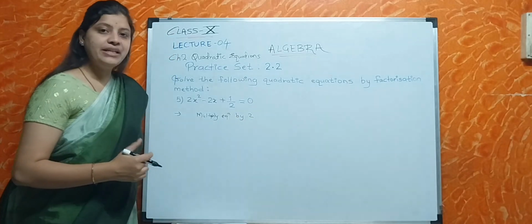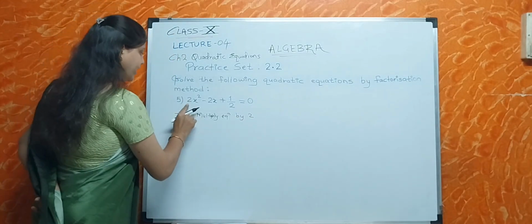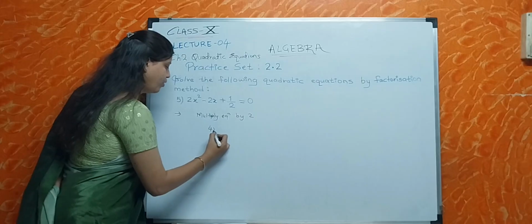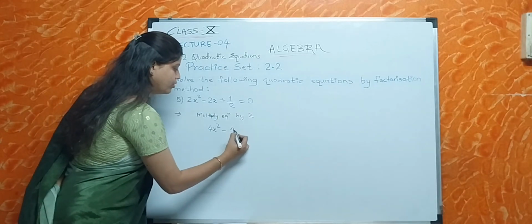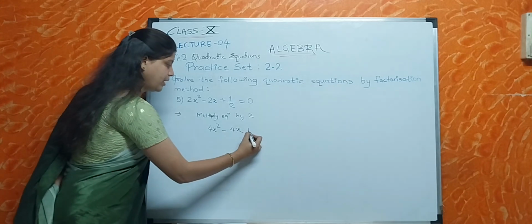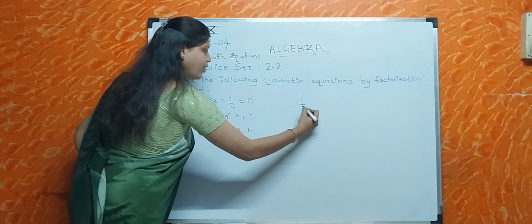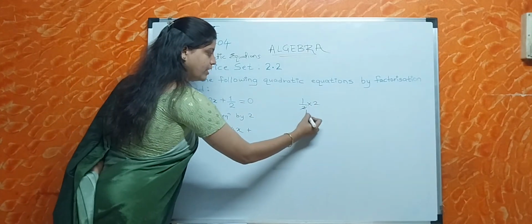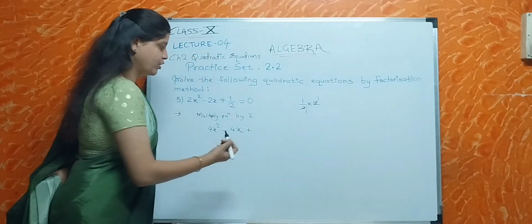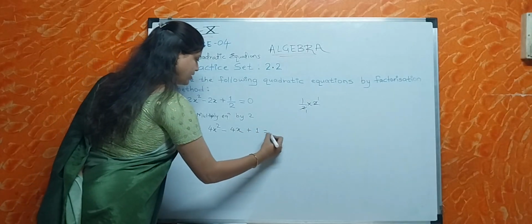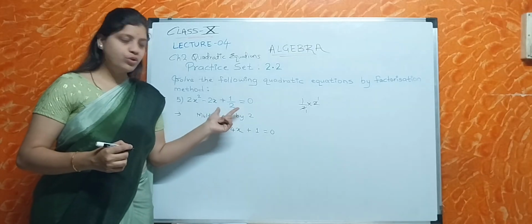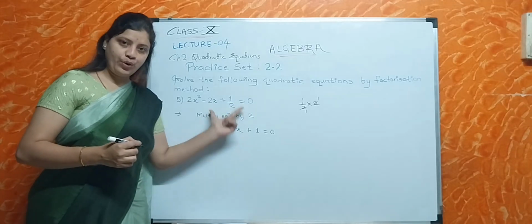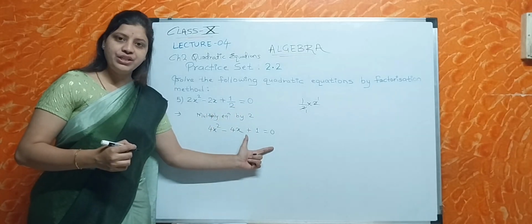So when we multiply this equation by 2, we get 2 into 2x, 4x square, minus 2 into 2x, 4x, plus 1 upon 2 into 2. The 2s get cancelled, so we get 1 is equal to 0. Understood? Why have we multiplied this equation by 2? So we can simplify this equation to get a simpler version.